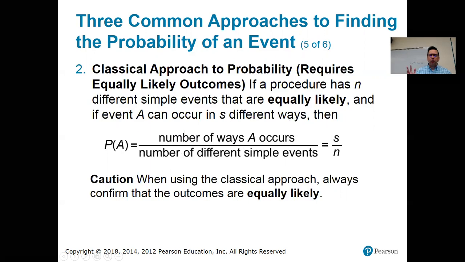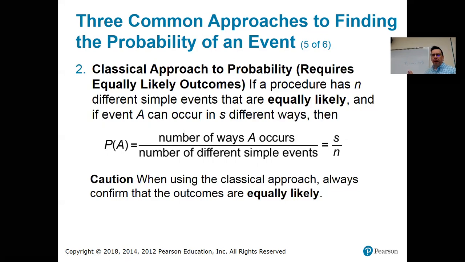Just as a quick example, I might be stealing something I was planning to do later. In the one we were just talking about, looking at families that have 3 children, if I wanted to find the probability of having 2 girls and a boy, remember that there were 8 different simple events in that sample space.